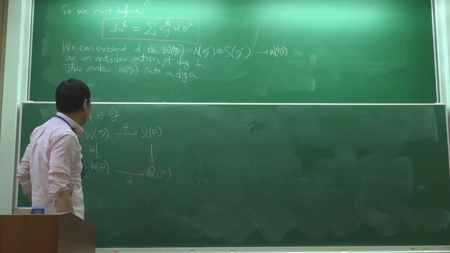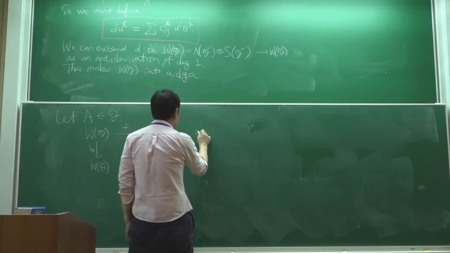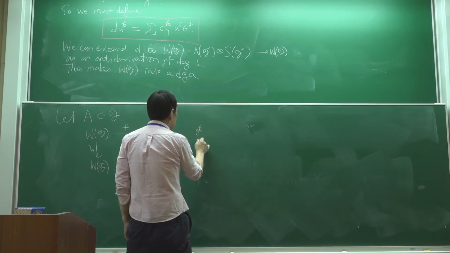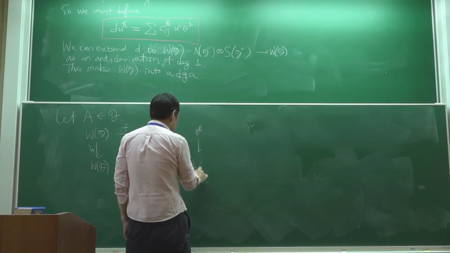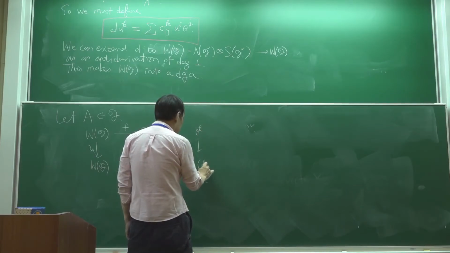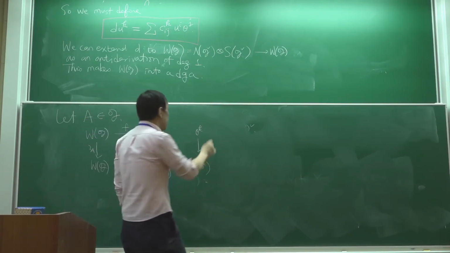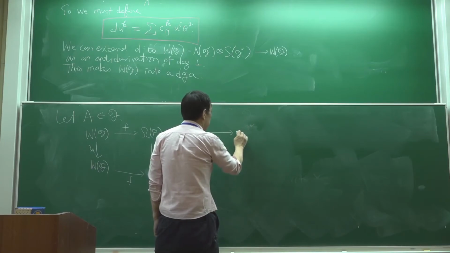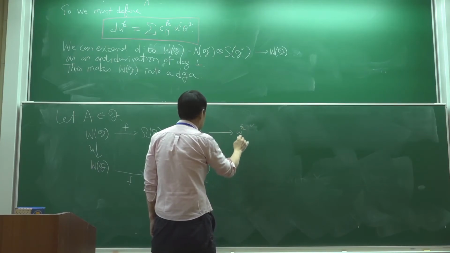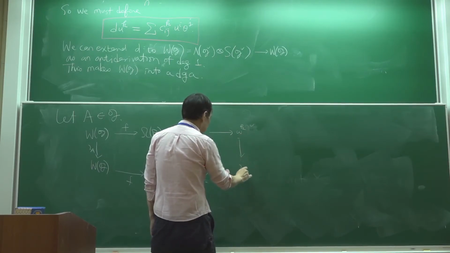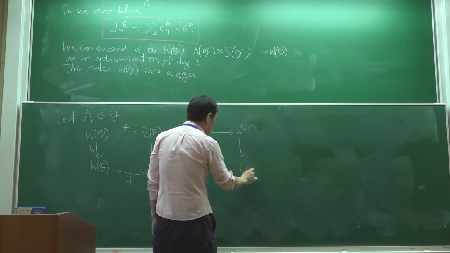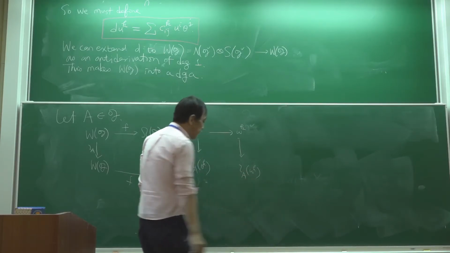So if you have theta k, IA of theta k, and theta k goes to omega k, IA of omega k.